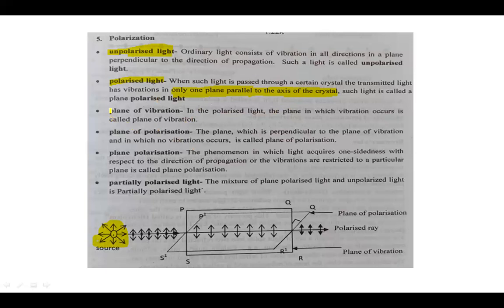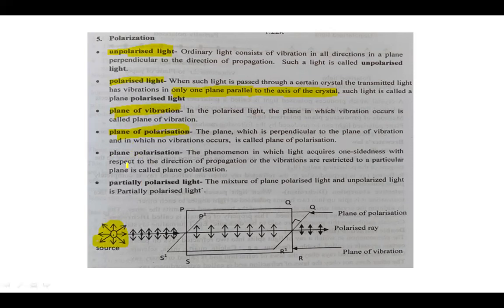Okay, what is plane of vibration, what is plane of polarization? In a polarized light, the plane in which the vibration occurs is called plane of vibration. The plane which is perpendicular to the plane of vibration and in which no vibration occurs, we will be calling it the plane of polarization.